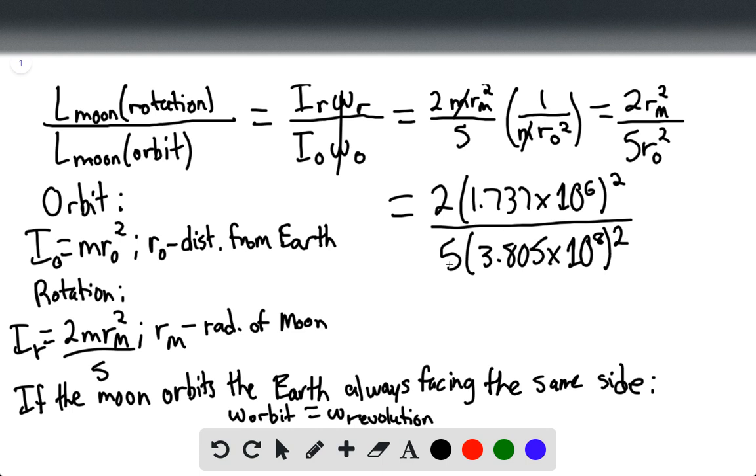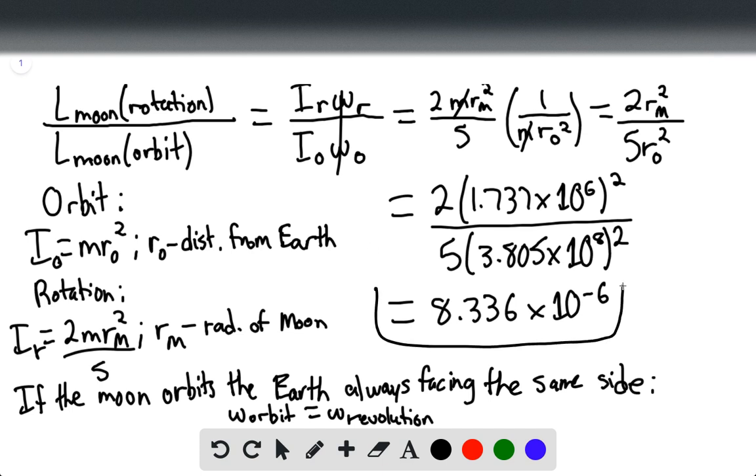This is the radius, this is the distance from the moon to the Earth, and this is going to equal 8.336 times 10 to the negative 6th. So this will be your answer essentially to this.